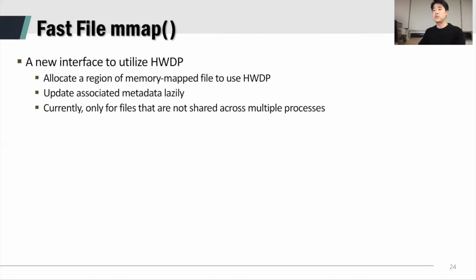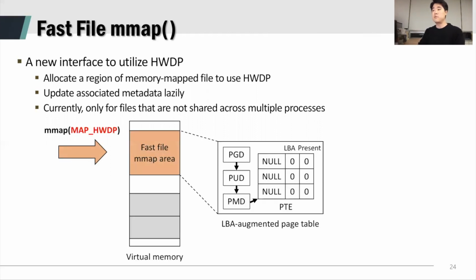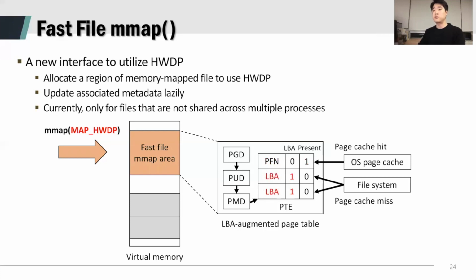Currently, we only support files that are not shared by multiple processes, as our scheme cannot handle a shared page among multiple processes correctly. When FastFile mmap is called, it constructs an LBA augmented page table for the entire area. If the page exists in the page cache already, the page is retrieved and populated in the PTE. Otherwise, it receives the LBA from the file system and writes it to the PTE. The LBA bit is also set.